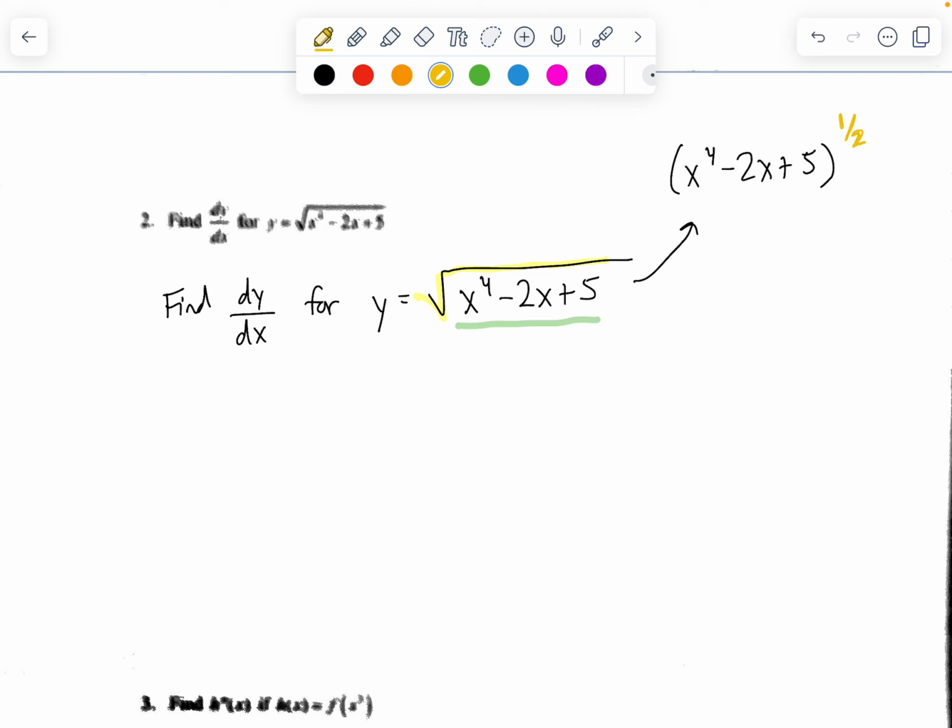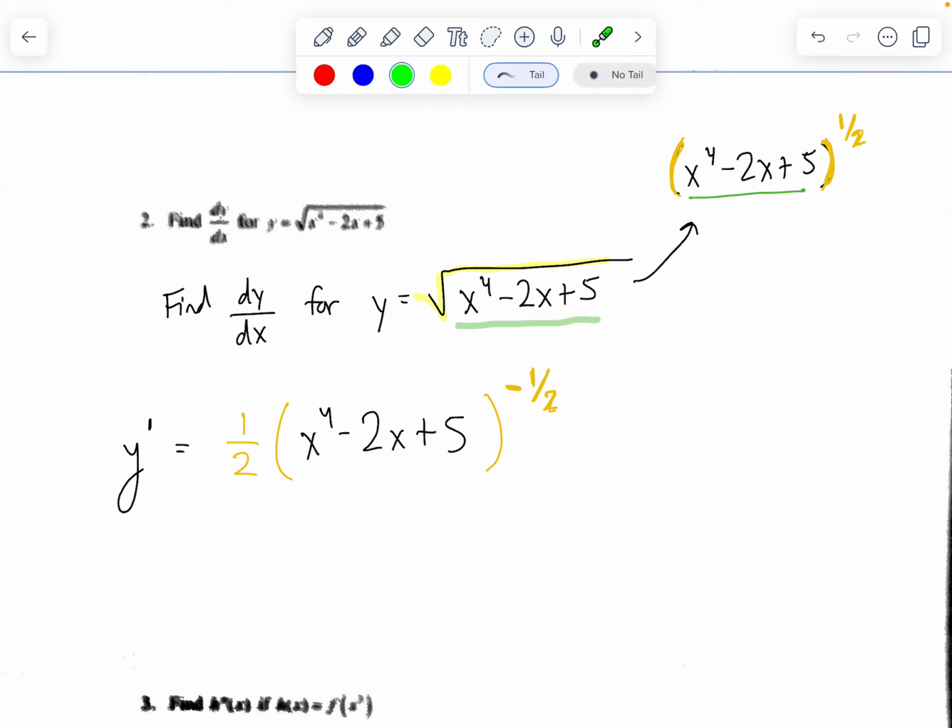Just to keep visuals, this yellow stuff is your f, that's your outer function. The green stuff is your inner function. So if I take the derivative of this, the derivative of y is going to be that outer part. So it's going to be half, and inside will be the x to the fourth minus 2x plus 5, all to the negative half power, because that's half minus 1, which we talked about last class.